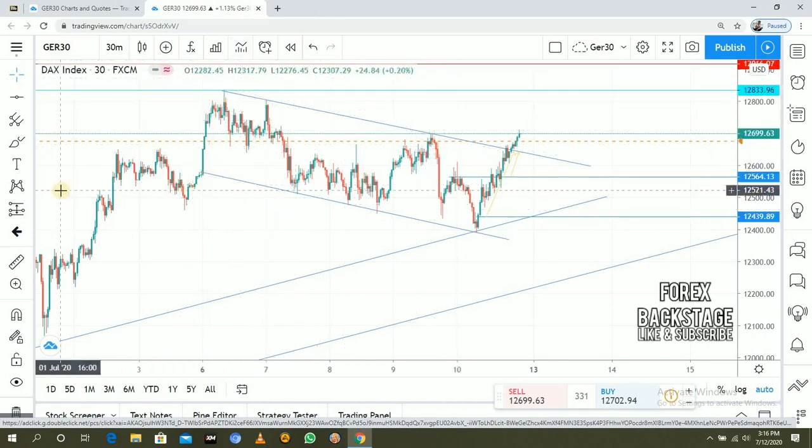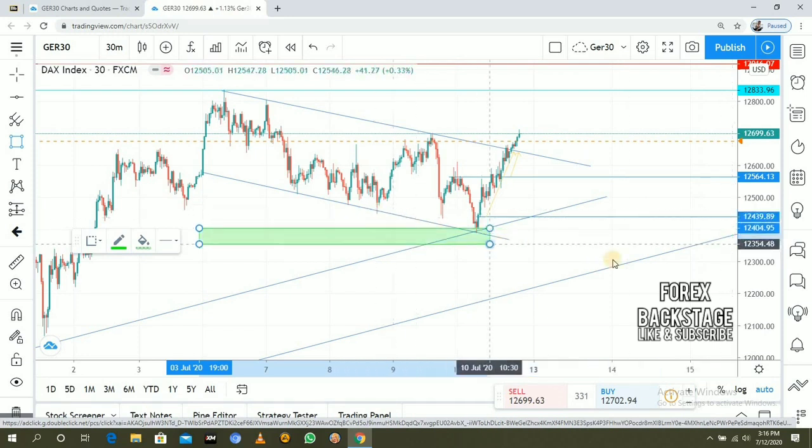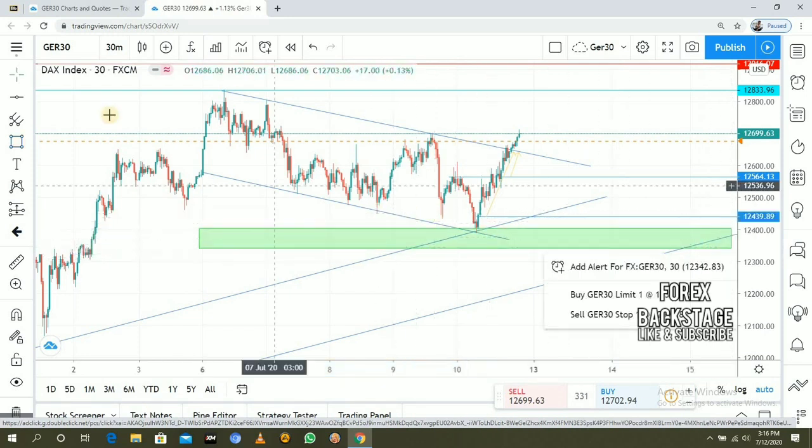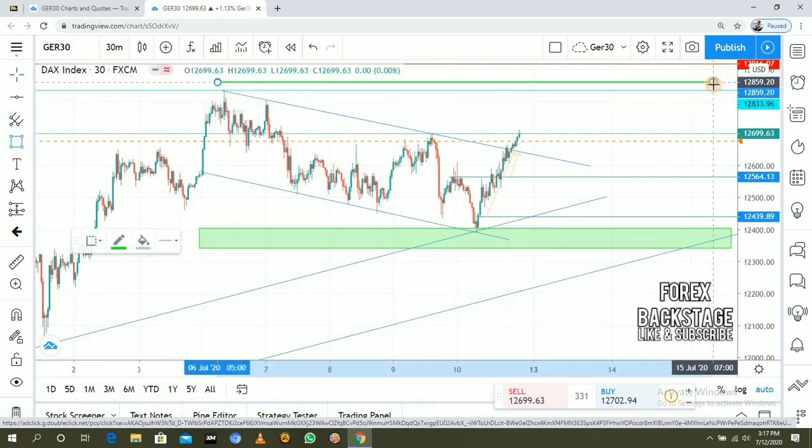pattern, you can see. So for me, I would love to mark this up. I can mark this as my support. This is my support, and mark that one as our resistance.